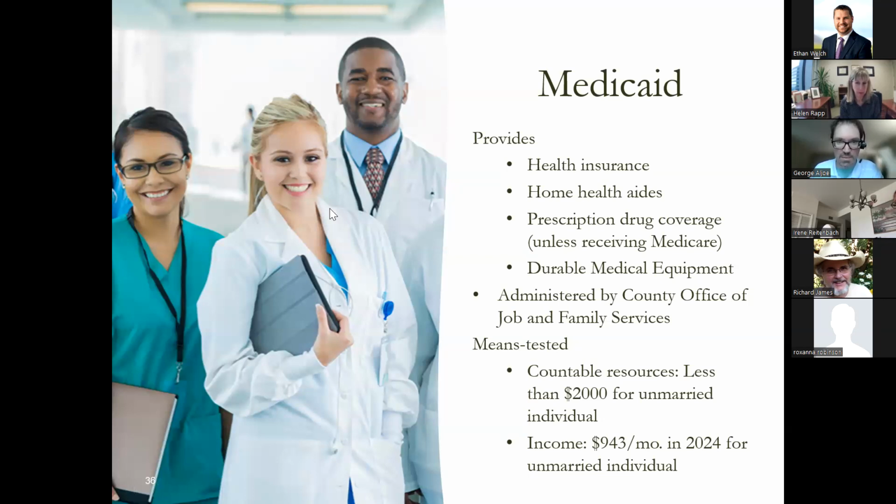So it is basic health insurance, covering hospitalization, outpatient treatment, prescription drugs. It can also cover medically necessary in-home care or personal care services. Typically, this is done through one of the Medicaid waiver programs, which we'll talk about here in a minute. Medicaid can also pay for durable medical equipment, wheelchairs, oxygen tanks, things like that.